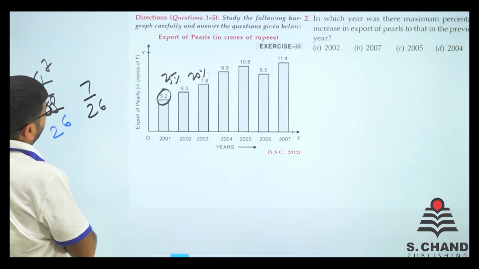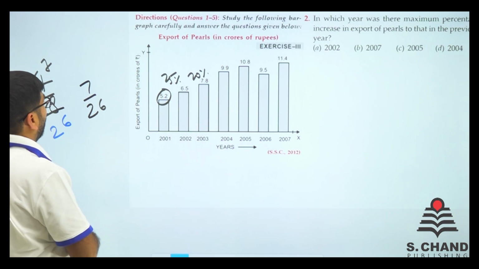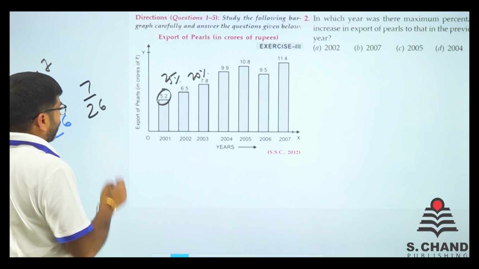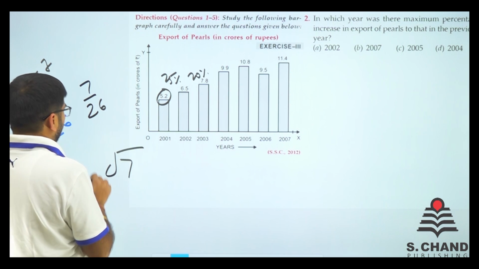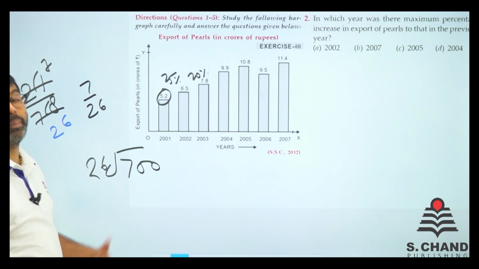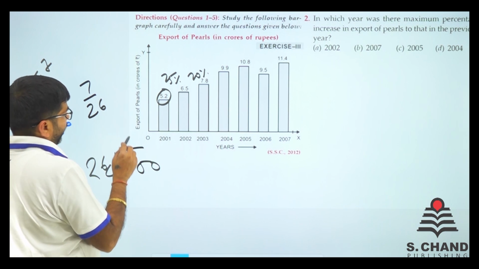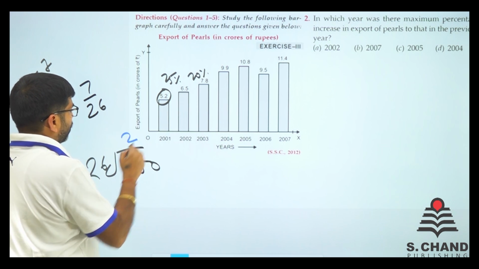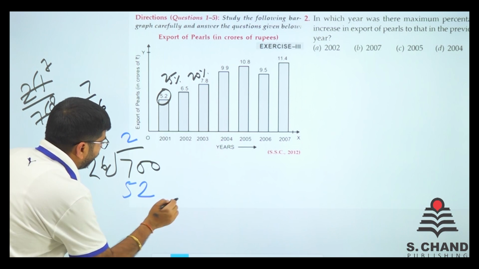Now 7 by 26 is how much percent? I don't know. What can be done? So just divide this 700 by 26, right? We have 100 here so that we will get the percentage. So 26 into 3 times, I guess. No, 2 times. So 26 in 2 times is 52.